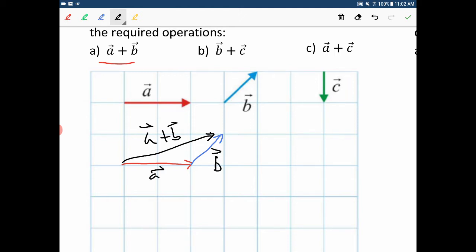Here we'll do B, and we'll add C, and this is just going to give us B plus C. I'll label it.